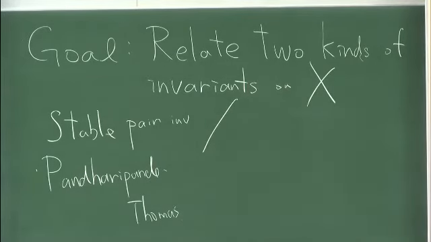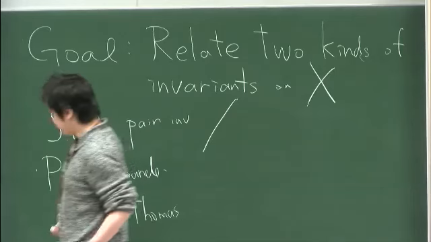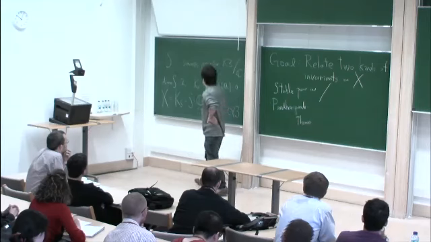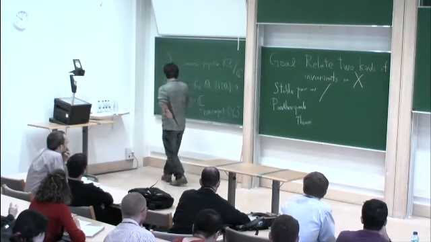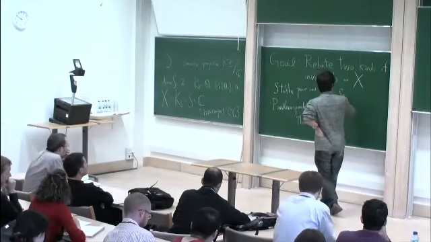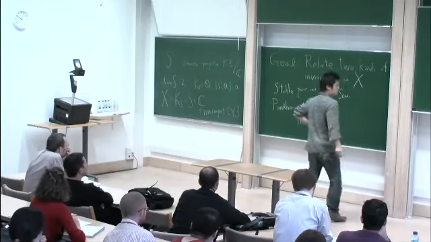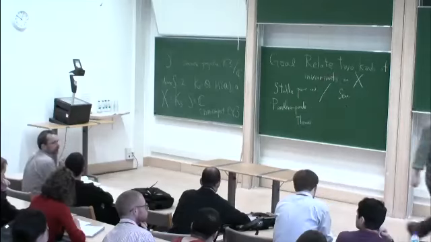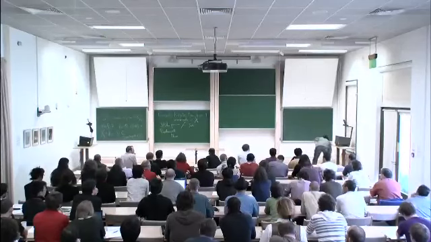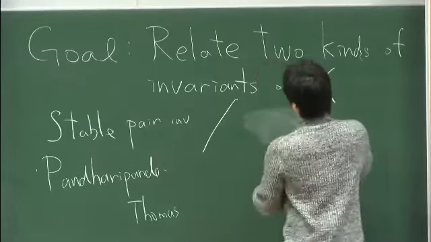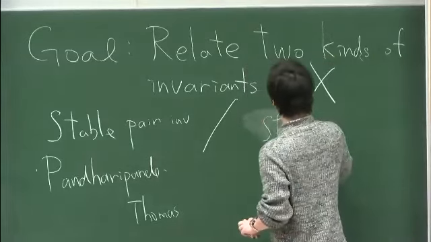This is the classical notion of semistability: if you choose a polarization, you can define semistable sheaves on X, that is, with compact support. The other invariant is the sheaf counting invariant.